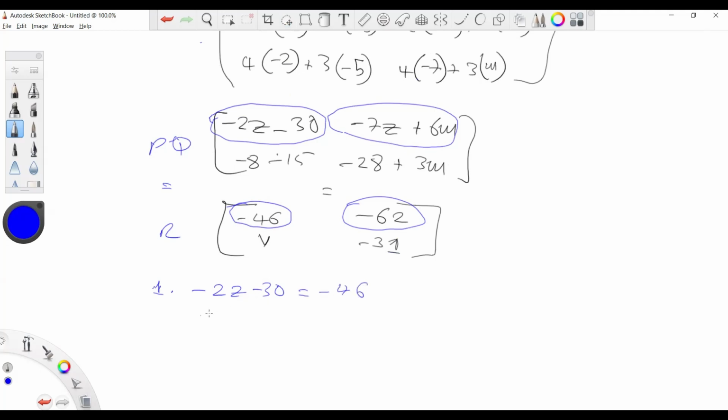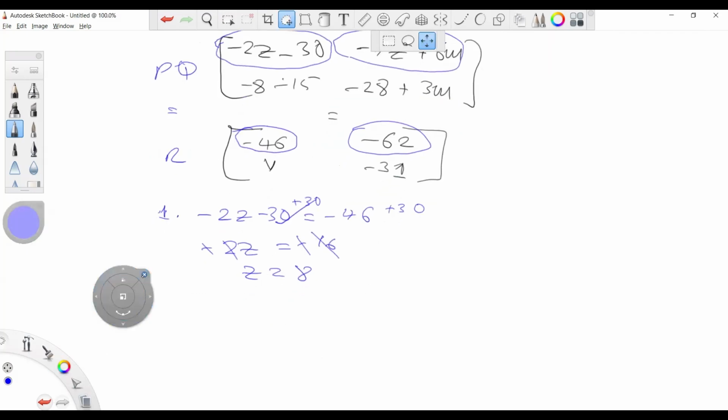Now, if we add 30 to both sides, 30 cancels here, so we have -2z is equal to -46 plus 30. We subtract 30, and the answer takes the sign of the bigger number, so it's -16. So minus cancels minus, and 16 divided by 2, so we have z is equal to 8. So that's our first answer.